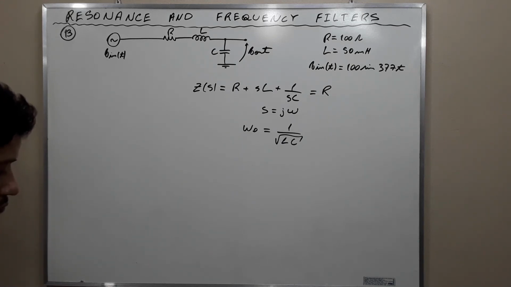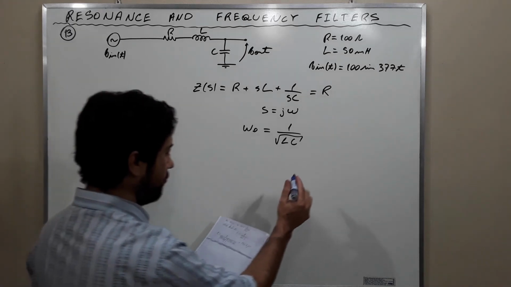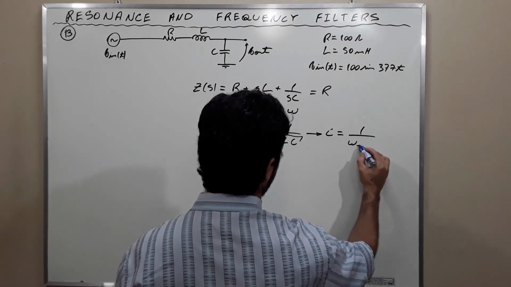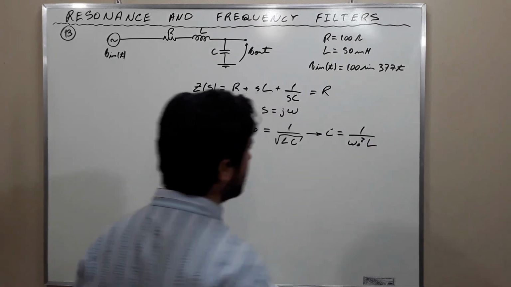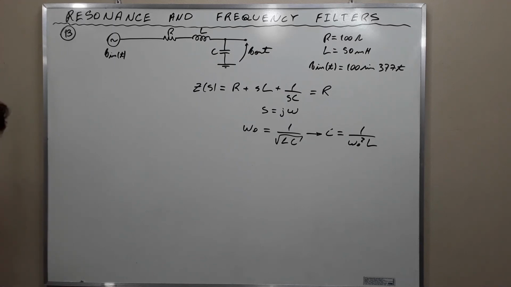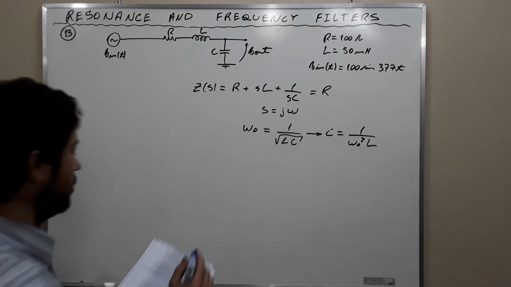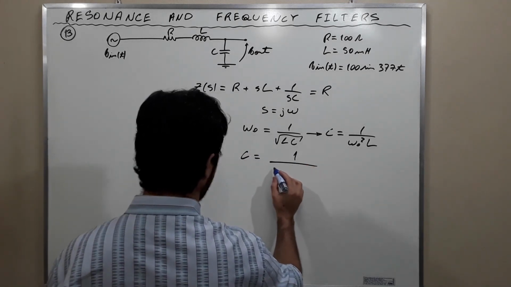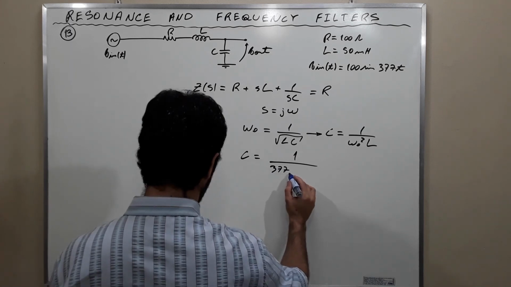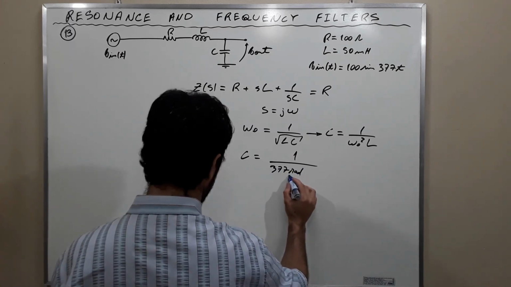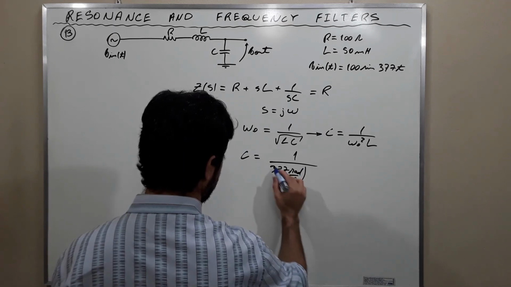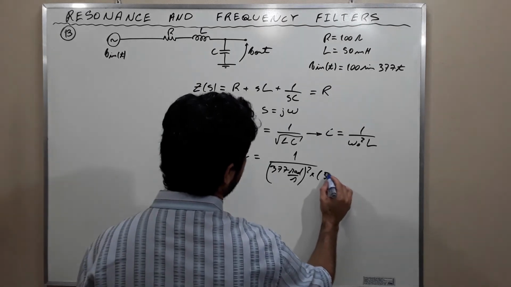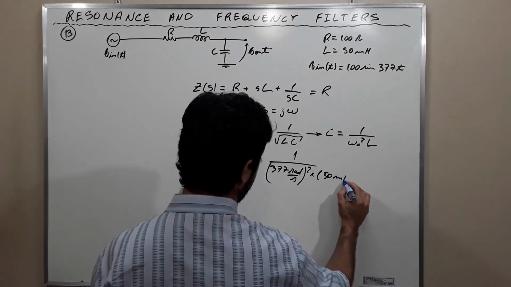And rearranging these, we find that the capacitance is equal to 1 over W0 squared times L. Using the values, the capacitance is equal to 1 over 377 radians per second squared times the value of the inductance, 50 millihenry.